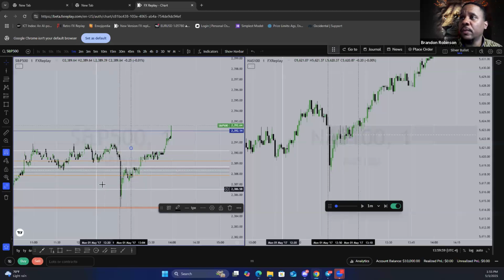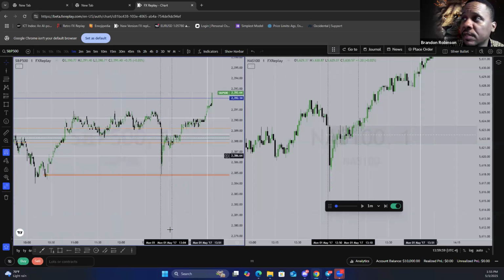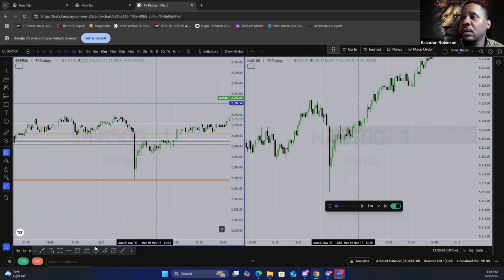All right, so what did we do here? We dropped below. Do we have any other fair value gaps inside of this macro? Notice I'm drawing this fair value gap, but I'm including that volume imbalance.